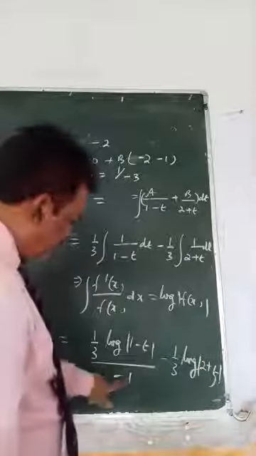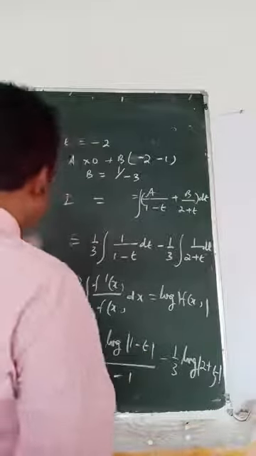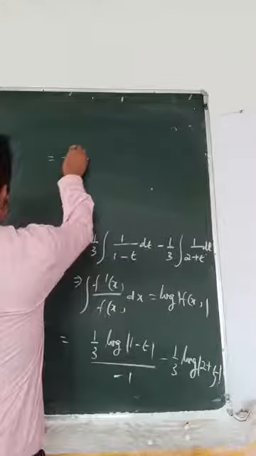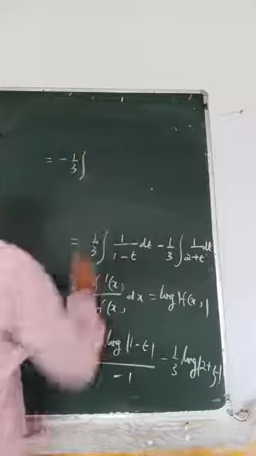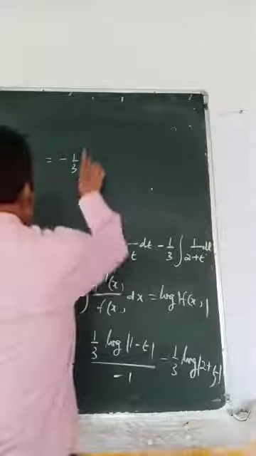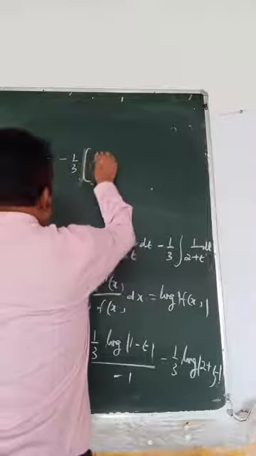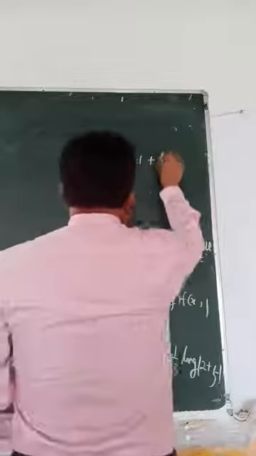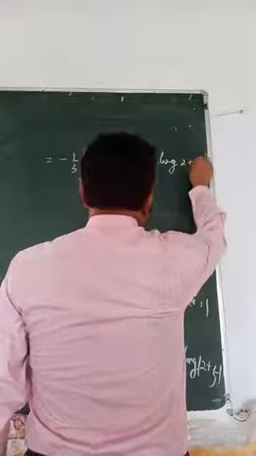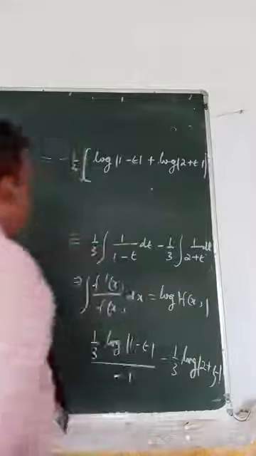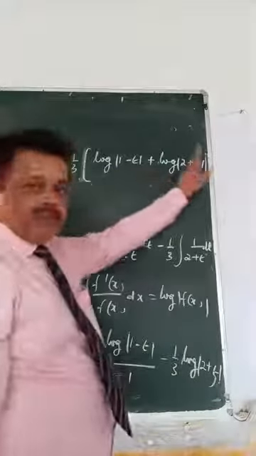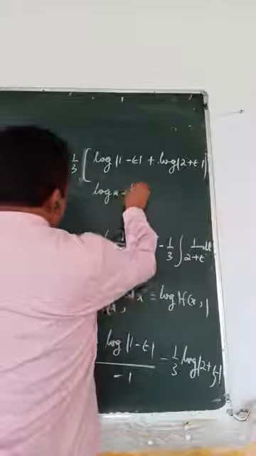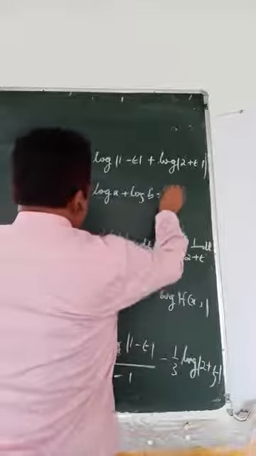So minus 1/3 is common. If you take minus 1/3 common, log 1 minus t plus log 2 plus t. Now, what is log a plus log b? Log a into b.